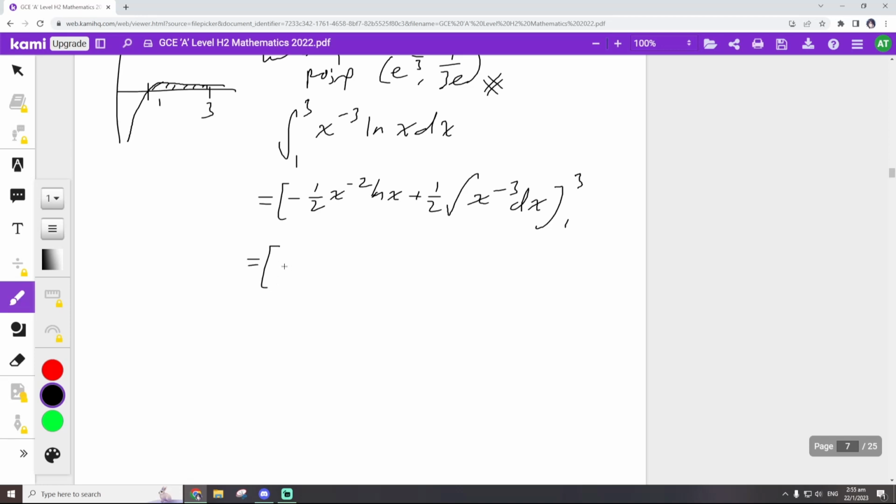And if you do this, you will get minus half x^-2 ln x. Okay, if I integrate this once again, I will get minus quarter x^-2. And this goes from 1 to 3.